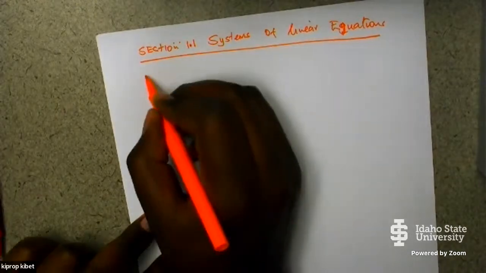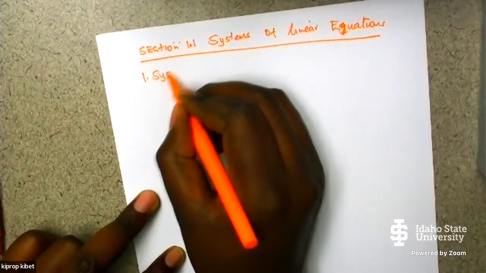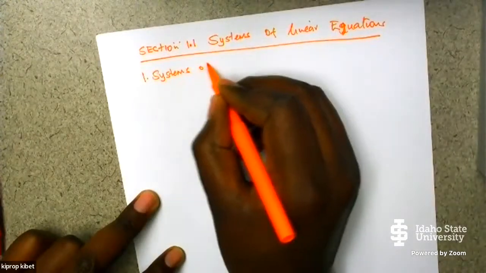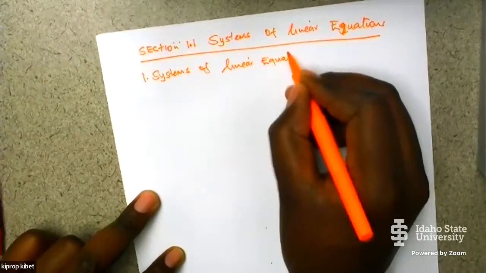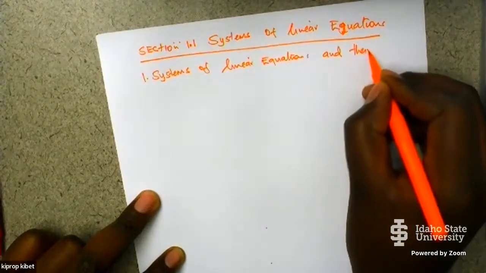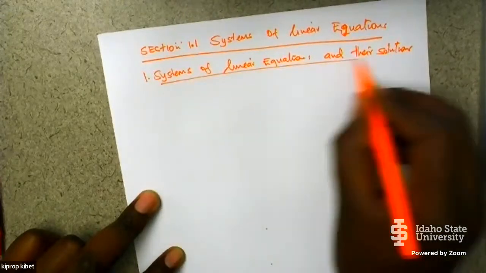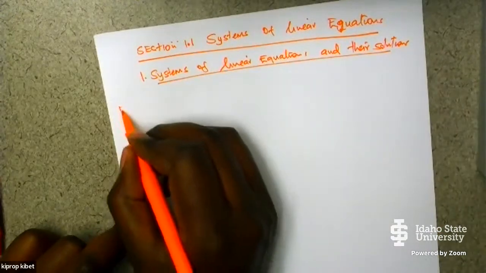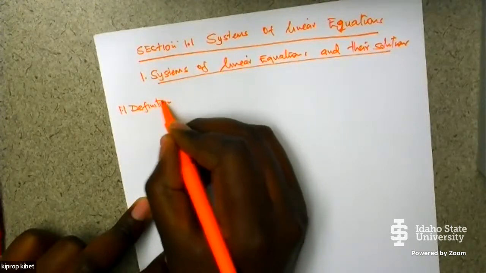So the first section is number 1, which is systems of linear equations and their solutions. 1.1. Let's start from the definition.